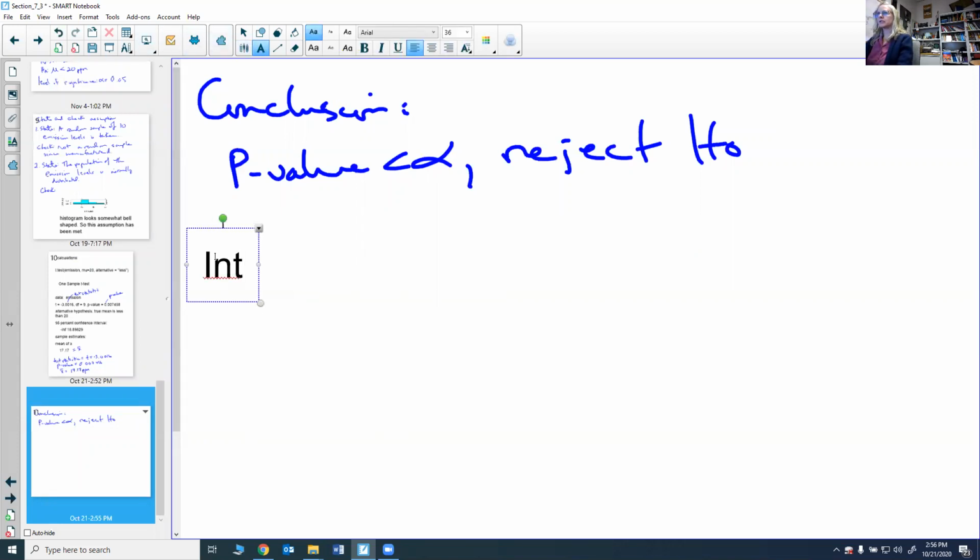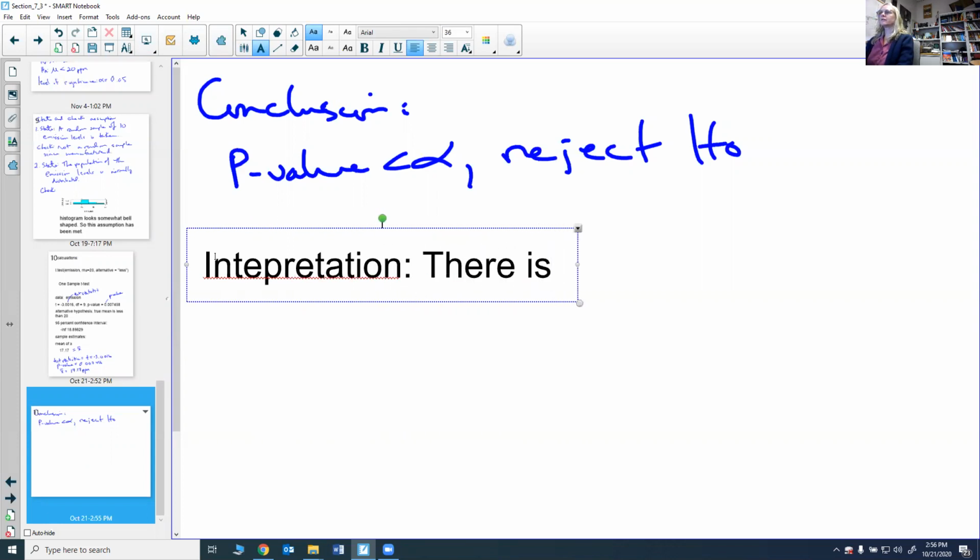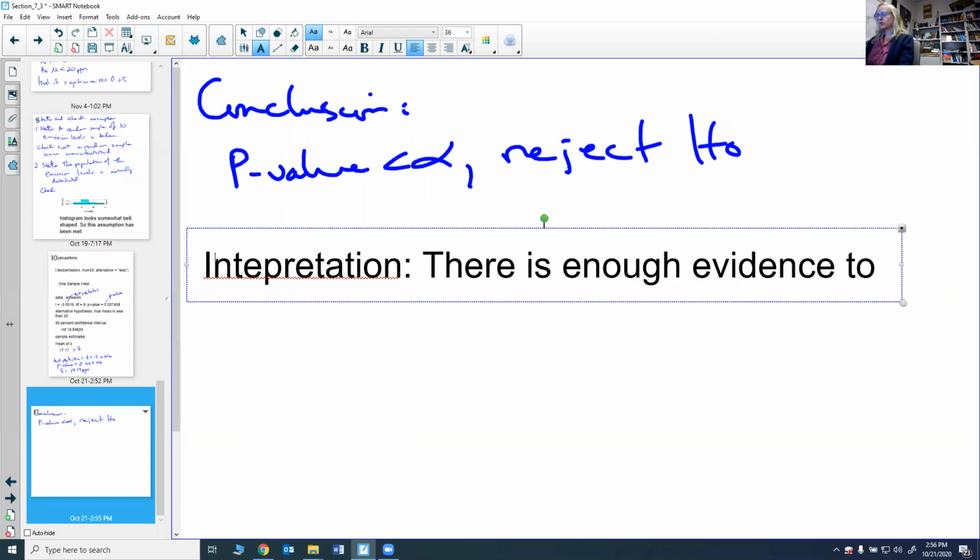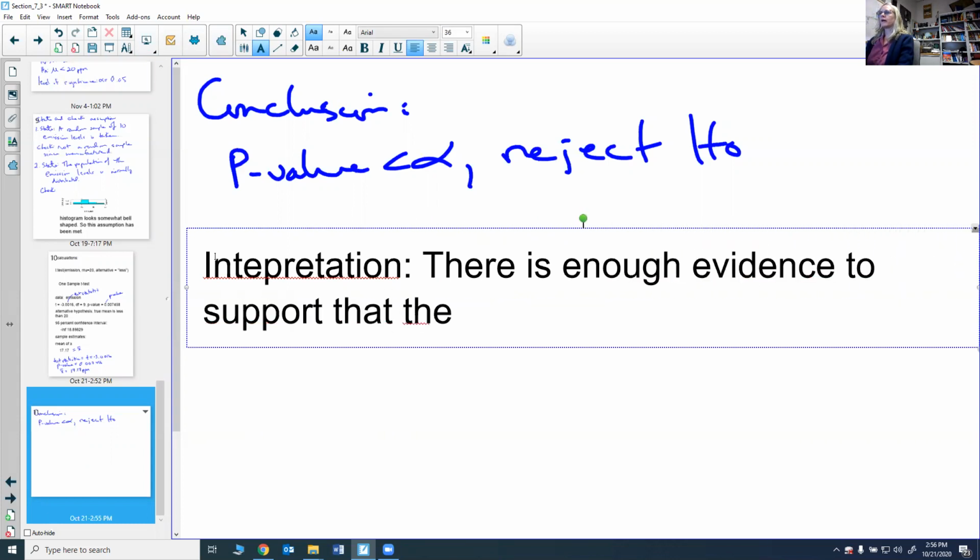Now my interpretation is there is enough evidence to support that the mean, and I don't want to just say HA because I want to say what HA says. Your reader is going to want to read this. They're not going to want to read your whole thing to find out what stuff is. They want to read what the conclusion is.